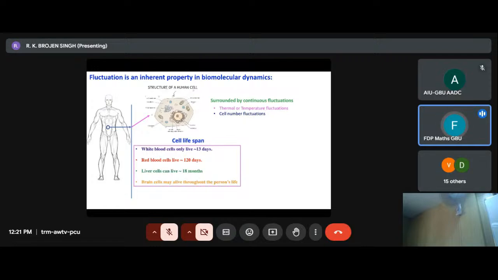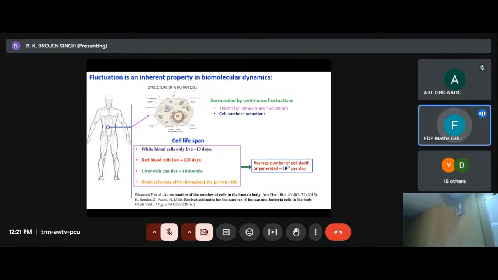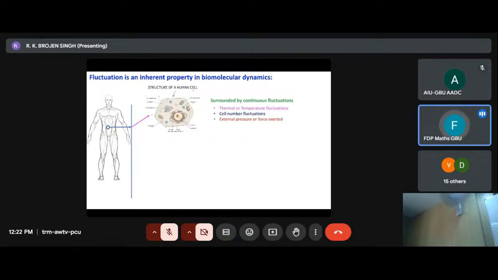And if you look at this overall, you have an average number of cells there and a regeneration frequency available. This is very optimized. Every day, in human beings, there are roughly 10^11 cells. And the third fluctuation is given by active pressure.